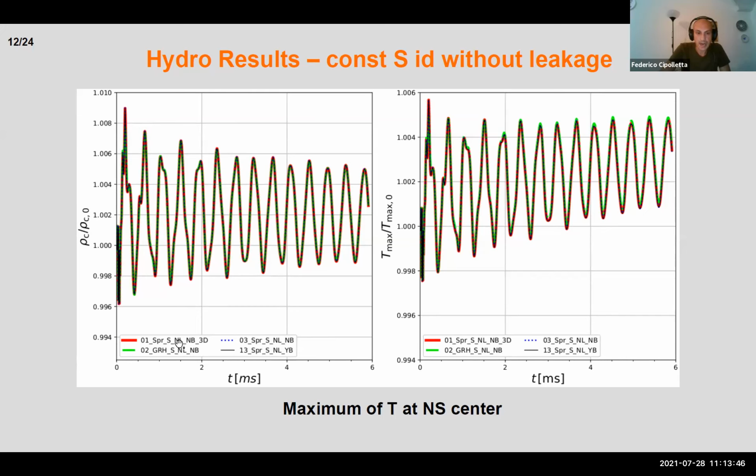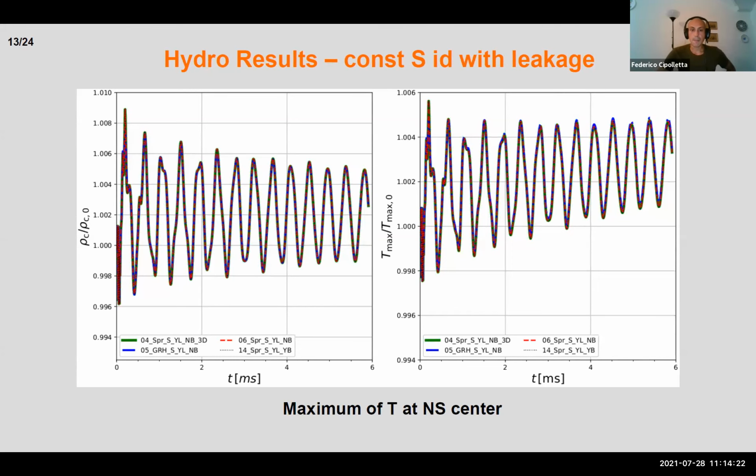We also compared the solid red, dotted blue, and solid black curves with the same evolution from GRHydro, the dashed green one. All the results seem to agree perfectly. We have some differences in the maximum temperature between Spritz and GRHydro, but those differences are really, really small. So these results seem to be validated.